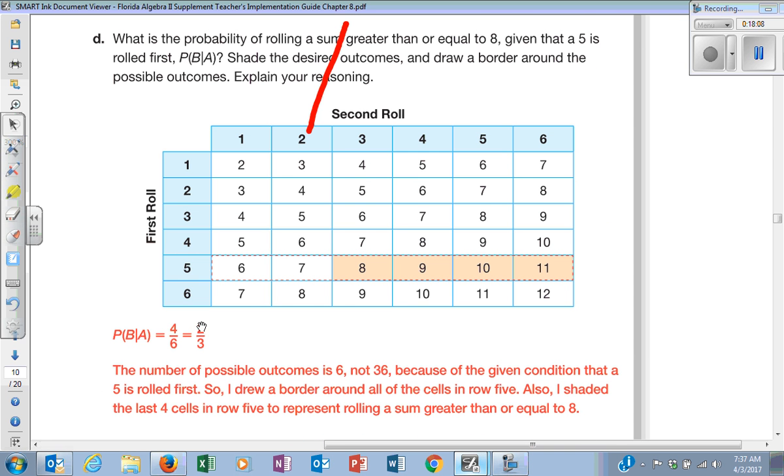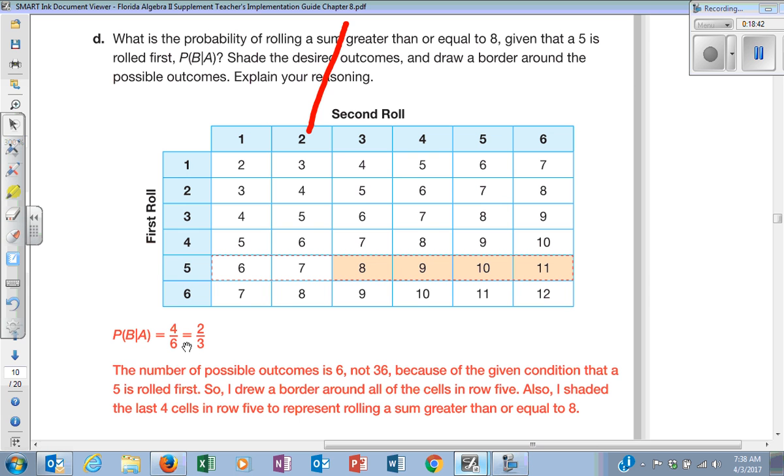What happened when I gave you, you're going to roll a 5? What are the chances that the sum is going to be 8 or higher? 2/3. That means you could do this 3 times, and how many times are you going to get it correct? Is that higher than 50% or lower? It's quite a bit higher. It's around 67%, whereas the other one was probably around 42%, somewhere in there, 43%.